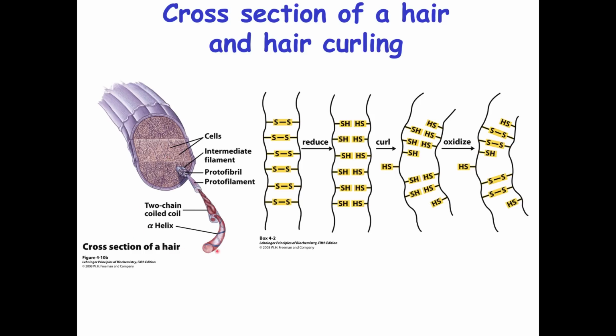So we have this alpha helix. Two alpha helices come together to form a two-chained coiled coil, often called that left-handed superhelix. These come together to form a protofilament, which then associate into protofibrils, intermediate filaments that we see then take up the entire cell.